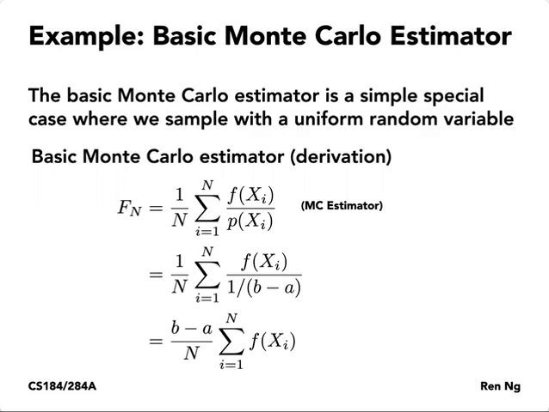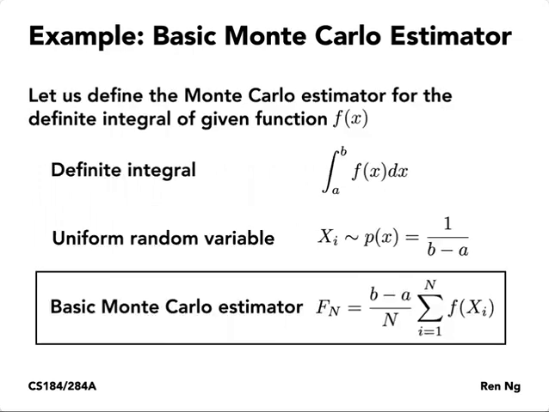So what happened here? We're saying that to estimate this integral, just draw uniform random samples inside that interval, evaluate the function, and average all of those values. That's just 1 over N times all of these samples that we drew. And then the average of all the samples is multiplied by B minus A, which is the length of the integration domain.